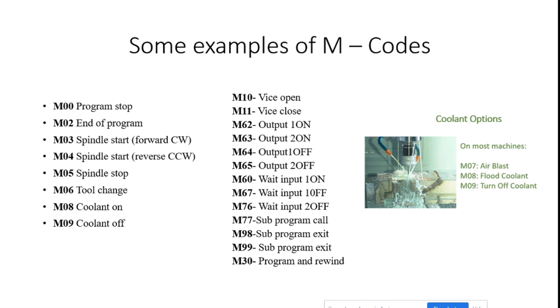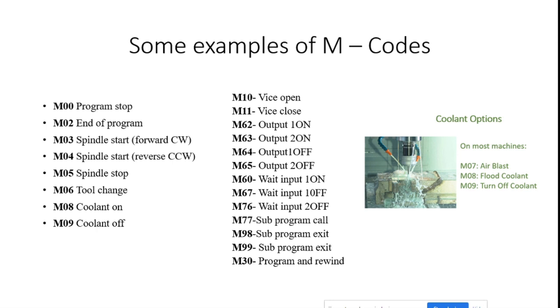Not only these auxiliary functions, but also if I want to clamp the workpiece, that is available. If I want to open or close the vise, I can utilize M10 to open the vise, and M11 to close the vise.